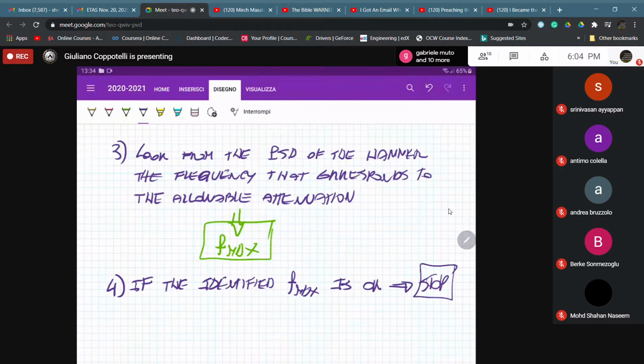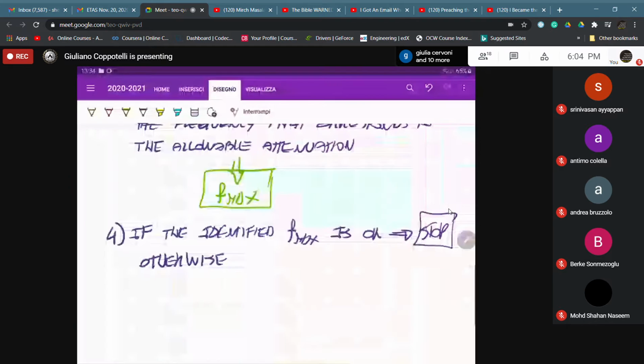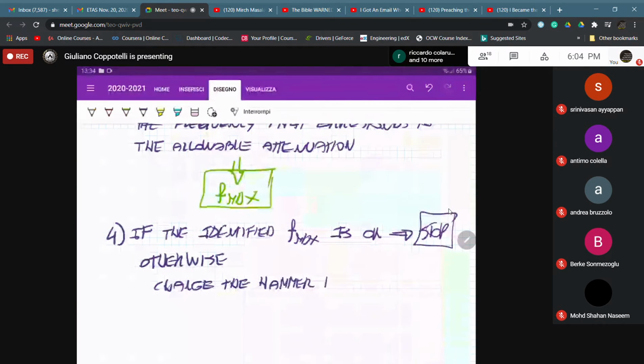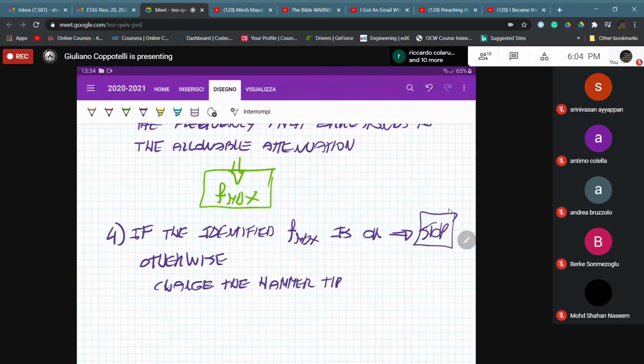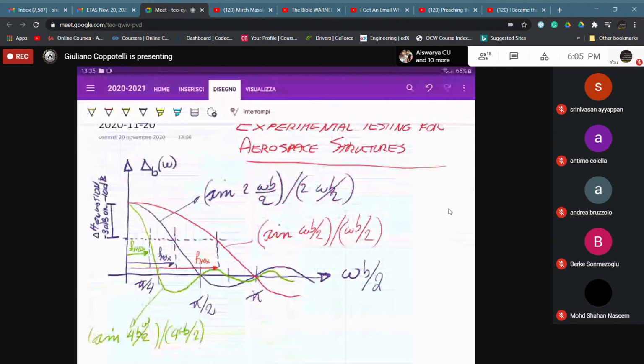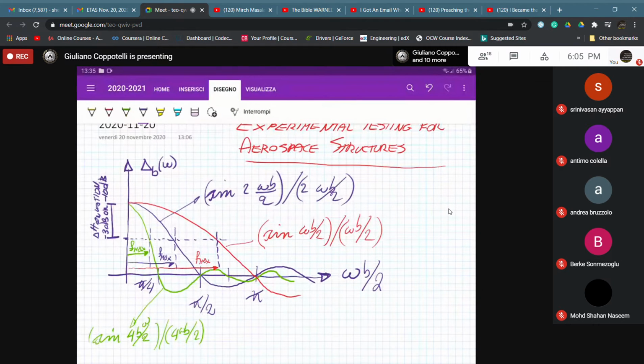Otherwise, change the hammer tip configuration. That is, you can, for example, increase or reduce the maximum frequency because you are interested in a specified frequency range.